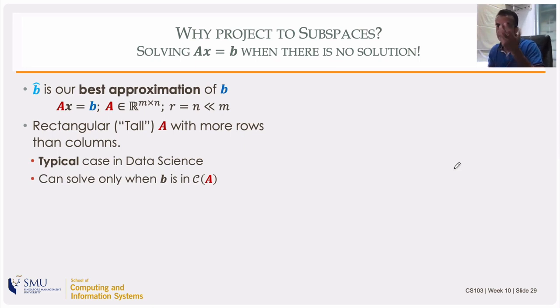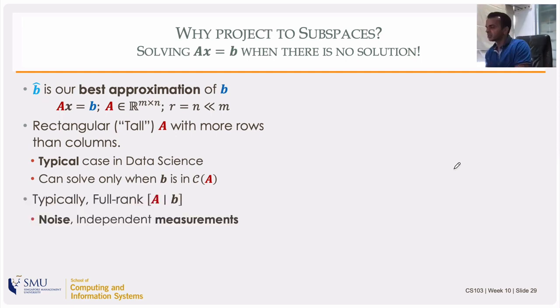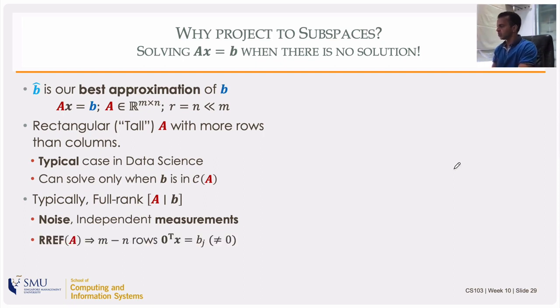Then that system typically cannot be solved because you have more equations than variables, more rows than columns, and there is no guarantee that all the observations are going to be consistent. In fact, it's almost guaranteed that they will not be, because of measurement errors and statistical fluctuations. It is almost always the case that all the columns are going to be linearly independent. It's going to be a full column rank matrix because of noise and independence of measurements and statistical fluctuations and all those things.